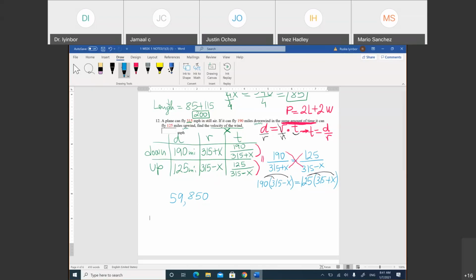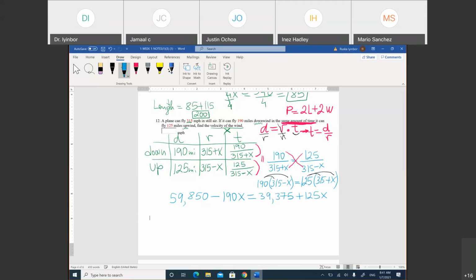Okay, and then I have minus 190 times x equals, when I multiply 125 times 350, I'm going to get 39,375. And then 125 times x is going to be plus 125x.